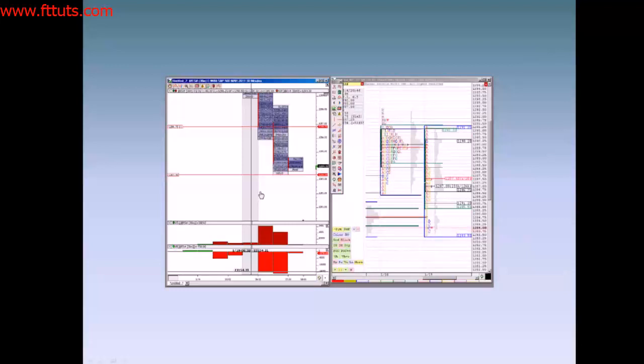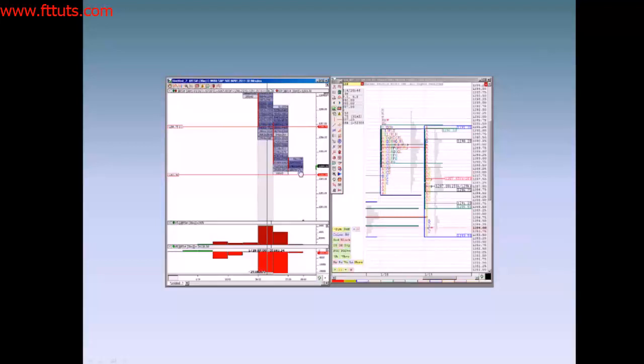Another interesting feature about these footprint charts is you can actually put other indicators on the footprint chart. So it really helps us to augment and supplement the information that we get from the profile itself. The footprint gives us what I call the X-ray vision into what is actually happening in each of these prints as they print.